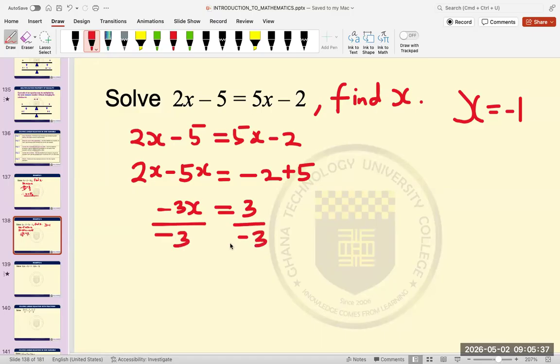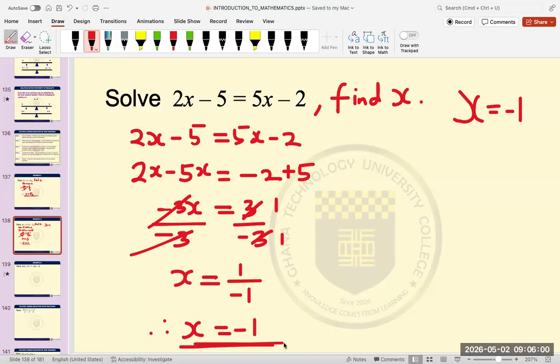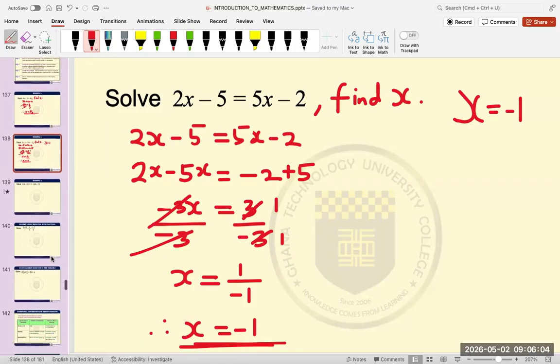Negative 3 cancels negative 3. So 3 cancels itself 1, goes here 1. So you have 1 divided by negative 1, which is the same as negative 1. So that's a correct answer, x equals -1. Good. Let's now move higher.